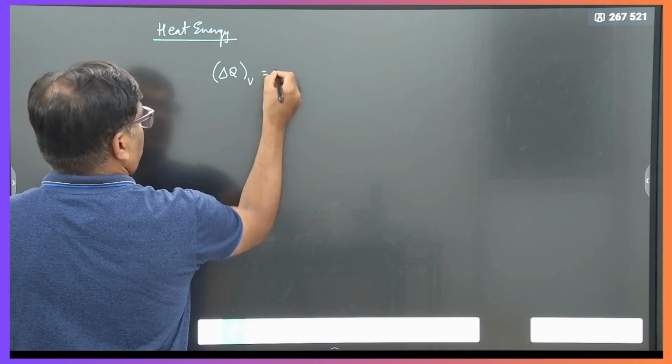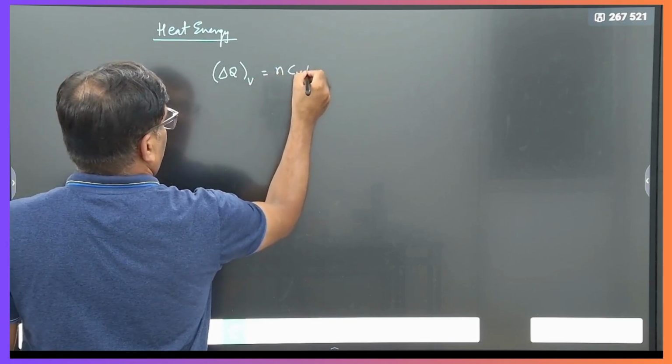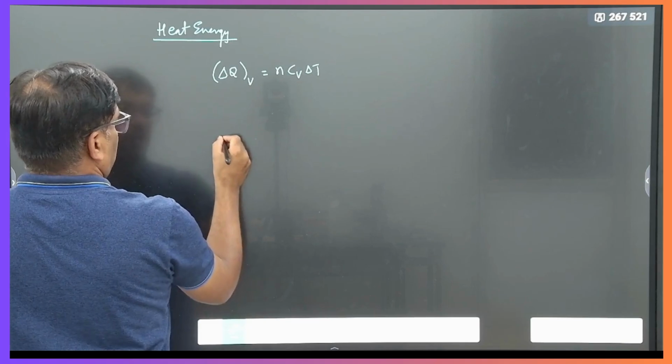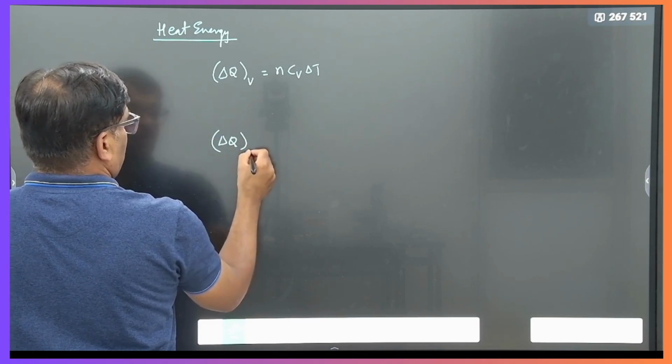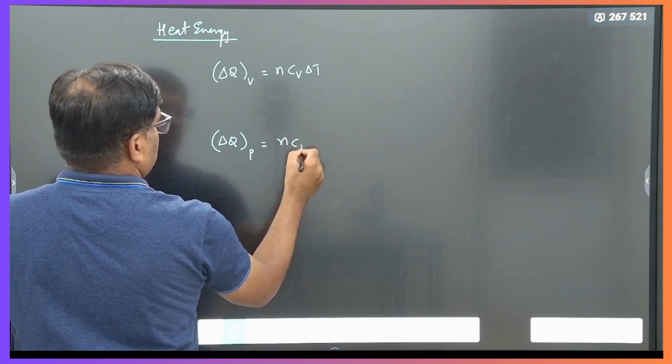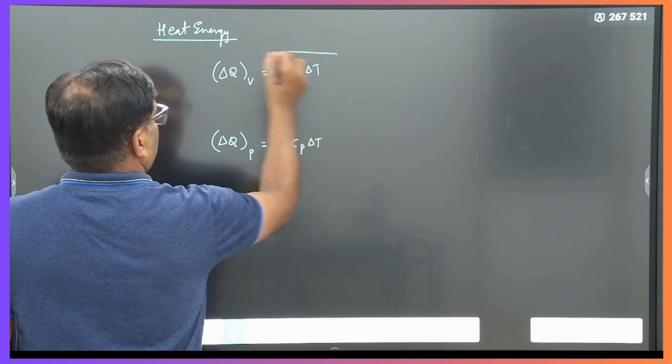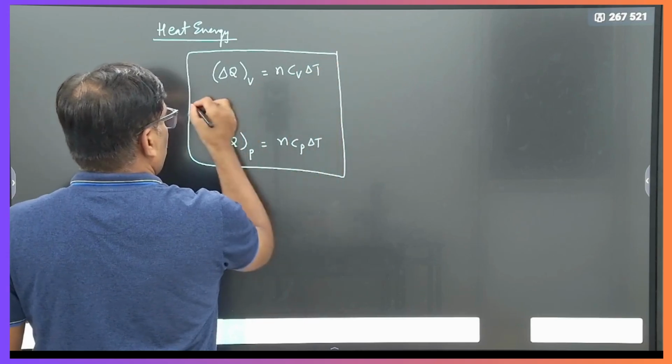So delta Q at constant volume is nCV delta T, or delta Q at constant pressure is nCP delta T. Here one interesting and very important result you are going to observe.